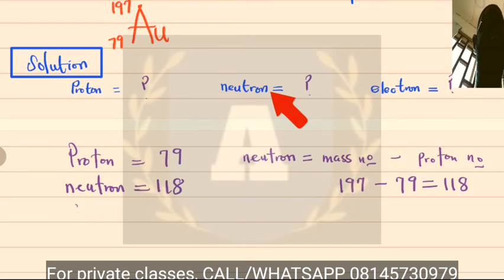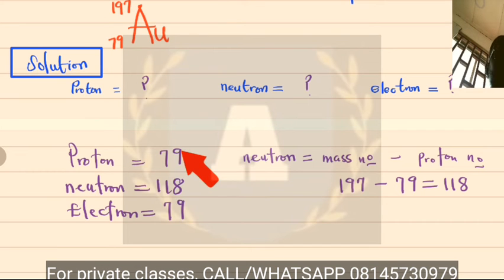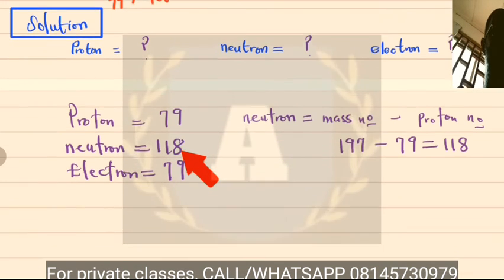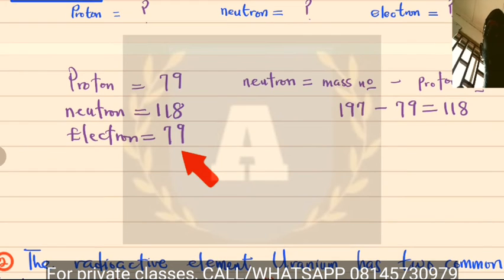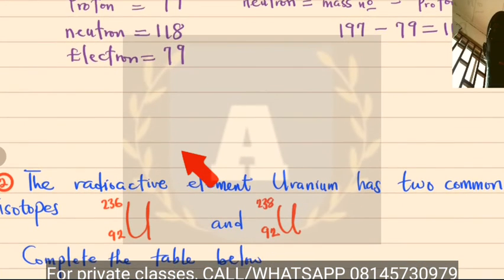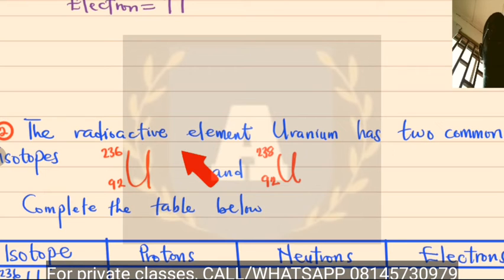The electron number will be equal to 79, the same as the proton number. Okay, that is the electron number.